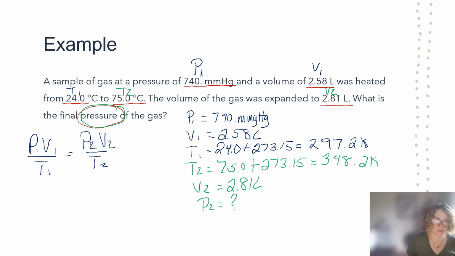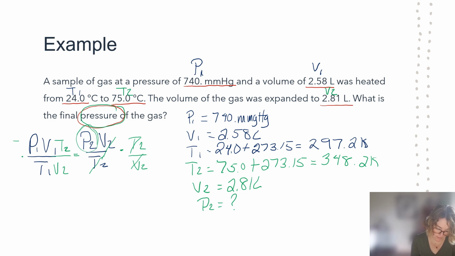The next thing I want to do is isolate my equation to solve for P2. This right here is what I'm looking for. So just a quick refresher: I want to isolate P2 and get that by itself. So I'm going to multiply both sides of my equation by T2 and V2, and I'm doing this to isolate P2.